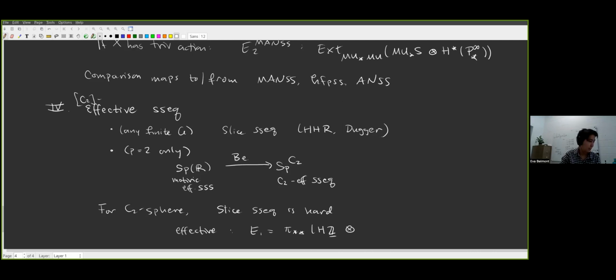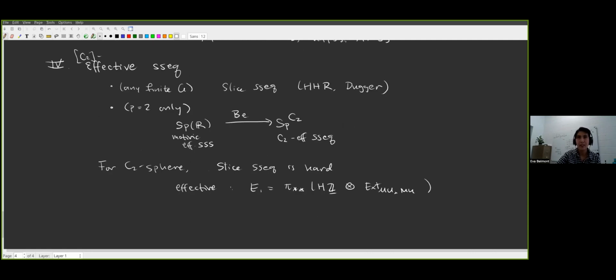I'm going to write this in kind of a funny way. This is the C2 equivariant HZ, and if you have a copy of Z mod 2 to the n here, then this is going to contribute a summand of HZ mod 2 to the n motivically, equivariantly.